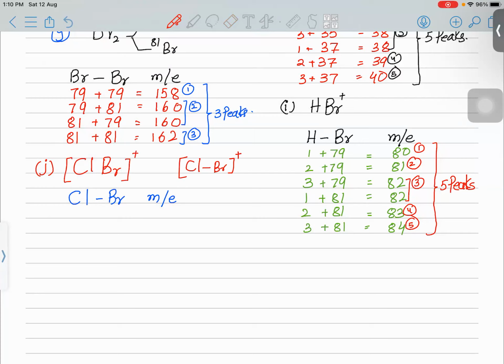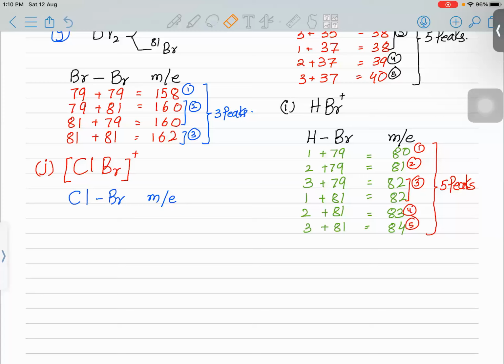But sir, how does Cl turn into positive? Isn't Cl supposed to be Cl minus? No. You can say that each and every ion can be positive or negative. It depends on the nature of the electron. If any species donates its electron to another species, the donor becomes positive and the acceptor becomes negative.